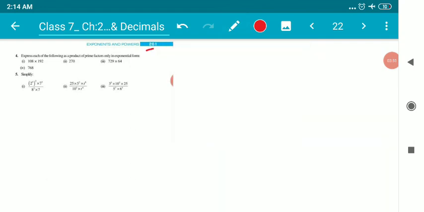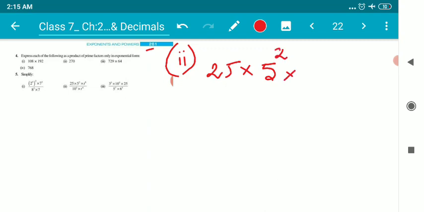Question number 2. Question is 25 into 5 square into t to the power 8, divided by 10 to the power 3, that means 10 cube, into t to the power 4.